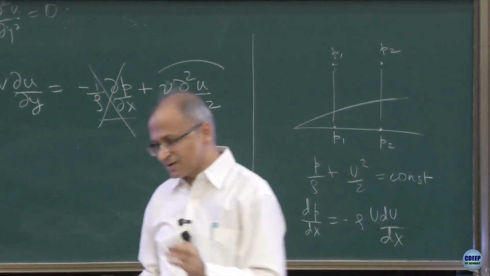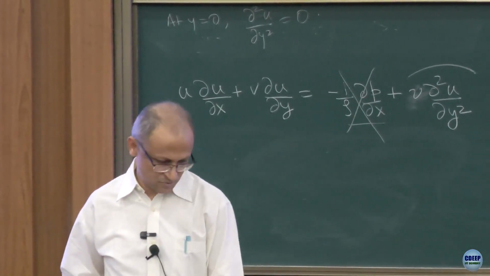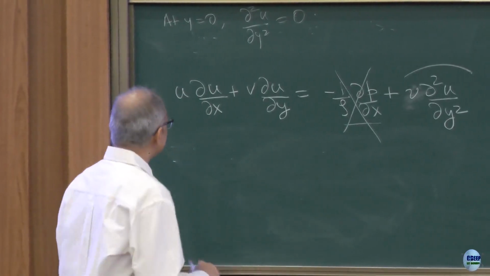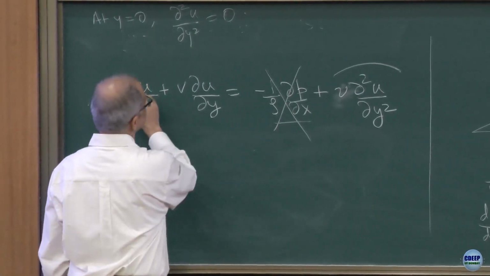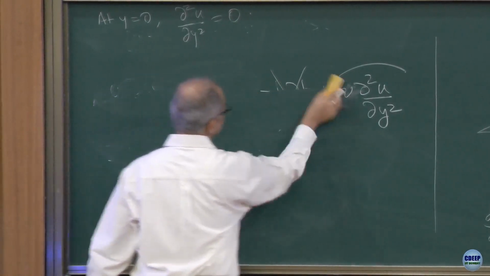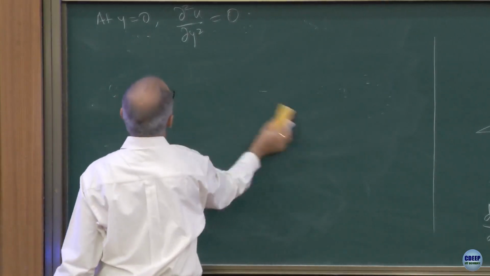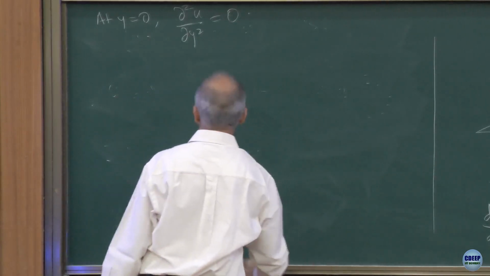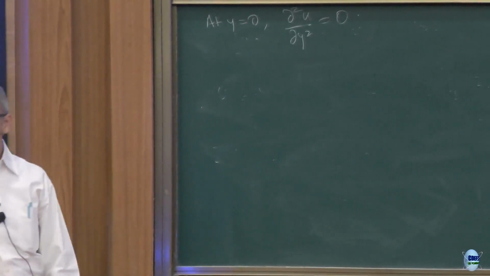Your governing equations are not applicable to your boundaries. But we are going to assume that this is applicable, and therefore we are going to use this. So this is my fourth condition, but you can see that I still need another condition.